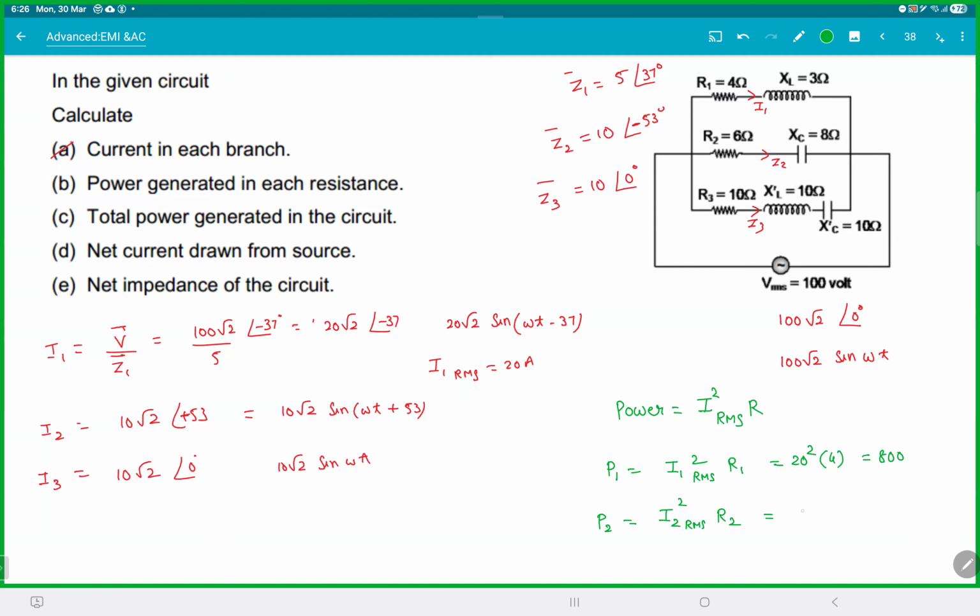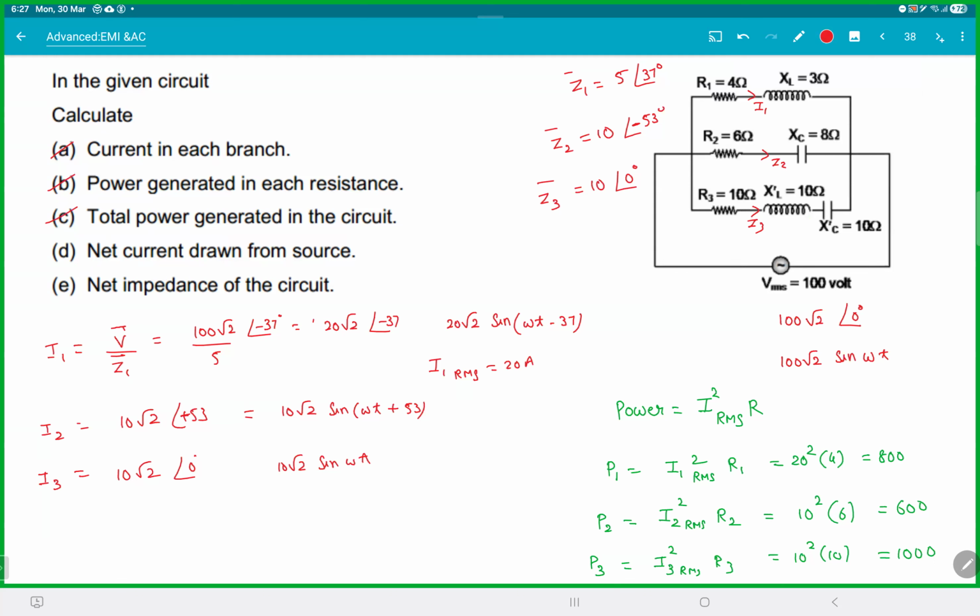And that would be 10 square, and that resistance is 6, that's 600. P3 will be this I3 RMS square, R3, that's 10 square into 10, that's 1000. Add them, how much was it? 2400. Clear with us? That will also give you the total power in the circuit. Just add them up. You're done with B, you're done with C.